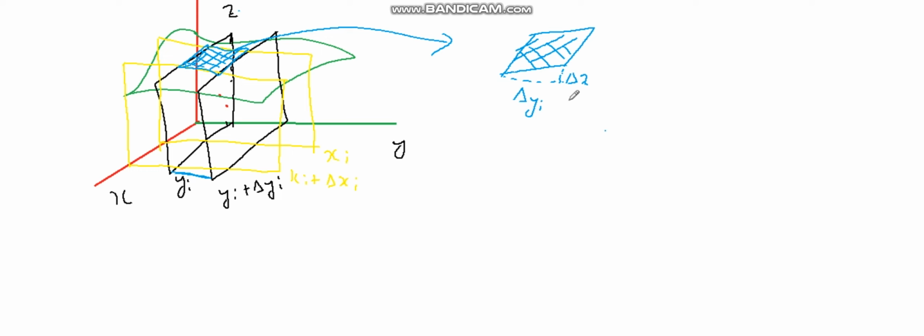I'm drawing it again, okay, to show the delta x, right? So these and this line, right? So in the similar way, this distance is going to be delta xi, and let's say this is delta zi, right?